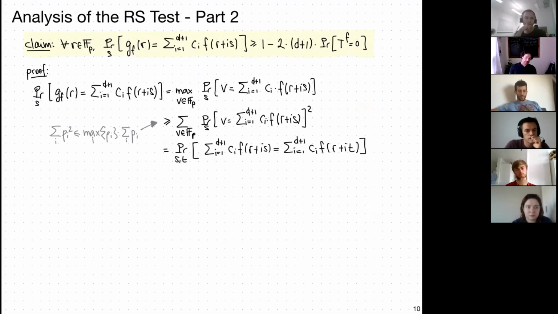So again, lots of notation, but what is happening here is this: over a random shift S and T, what is the probability that a shift by S and a shift by T would collide? Nothing different from what we had before. The tricky part would be to bound this collision probability, which is what we'll do next.